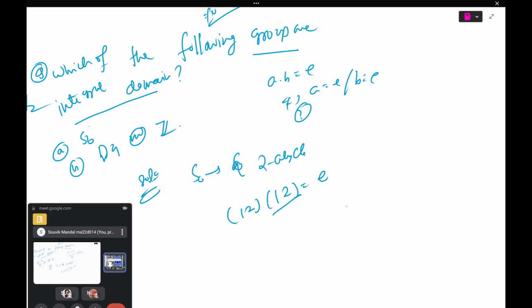But individually (1 2) is not an identity. So that's why S6 is not an integral domain. Exactly the same argument works for Sn for any n, so Sn is not an integral domain. Do you understand the Sn solution?